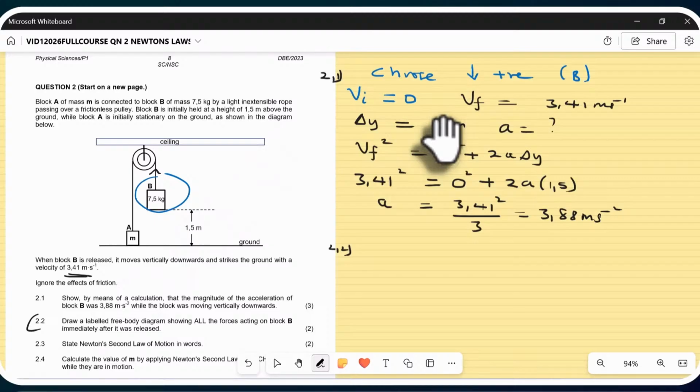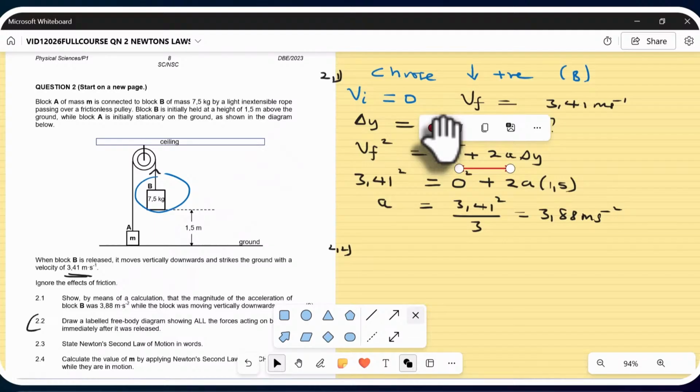I'm having one force pulling up, and the other is taking it downwards.